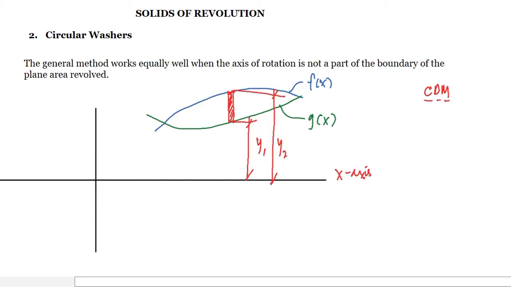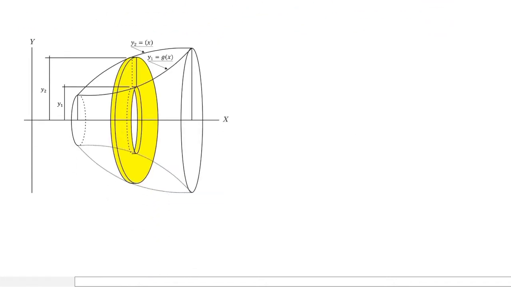Now, kung papaikutin natin to siya sa x-axis, because in this case, our x-axis here is our axis of revolution. So, pag pinaikot natin siya dito sa x-axis natin, ay makakabuo tayo ng ganitong figure. And in this case, we generate a hollow solid of revolution.